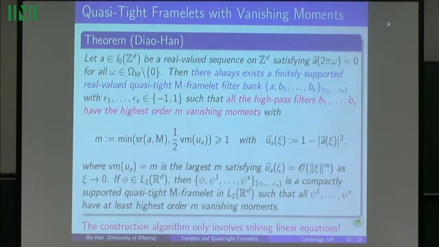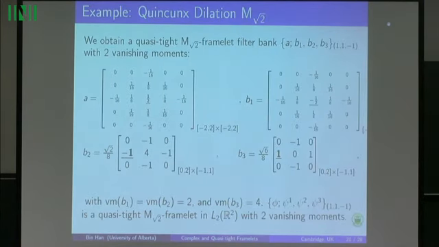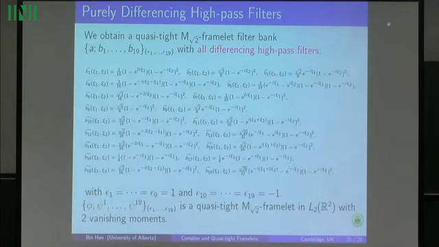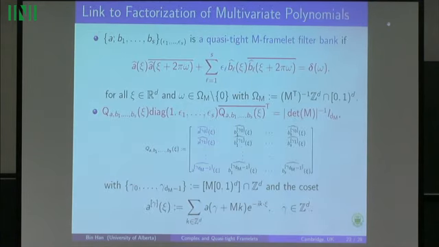And the nice thing about this one is that originally we have a nonlinear system to solve, but with this construction, you only need to solve linear equations. So basically, we convert a nonlinear problem into a linear problem. Here is an example in 2D. The construction is very simple. And this other example I will skip because I have only 5 minutes.